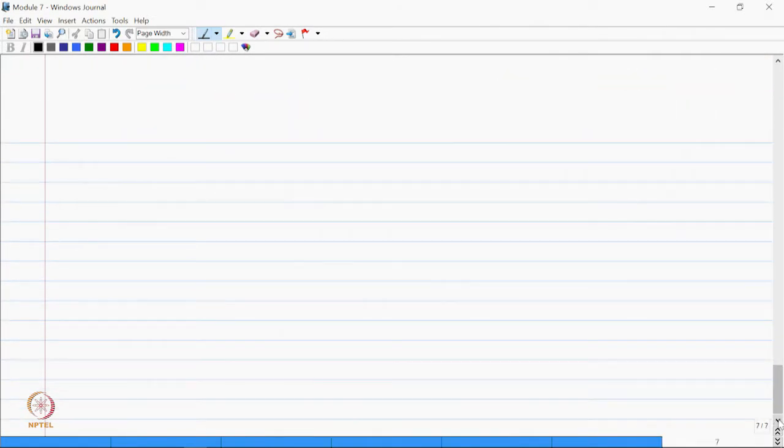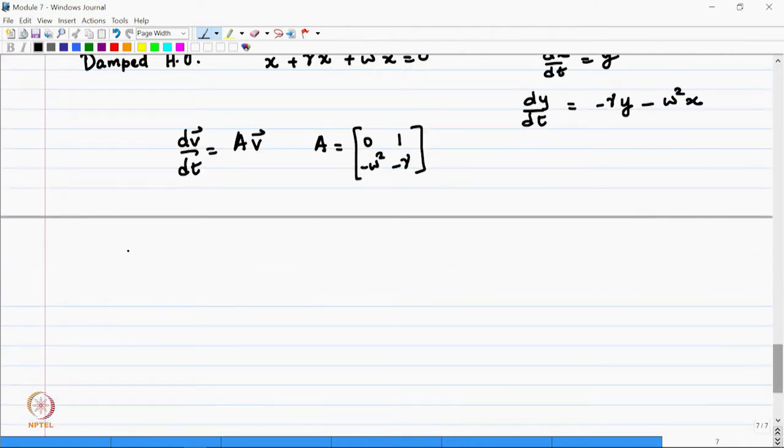If you want to calculate the eigenvalues of this equation, you write the determinant of [minus lambda, 1; minus omega square, minus gamma minus lambda] equal to 0, where lambda is the eigenvalue. So, what do you get?